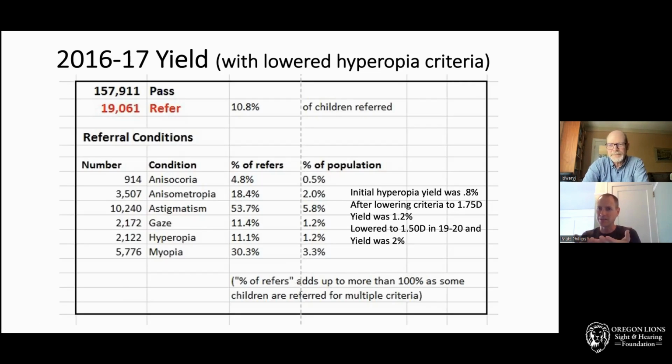We noticed a disconnect between our data, what the spot device is telling us, and this national data. We were initially referring less than half of the kids that the national data says have hyperopia. So we weren't catching them, basically. Exactly. We're not detecting all the little kids with hyperopia who really need to be detected.